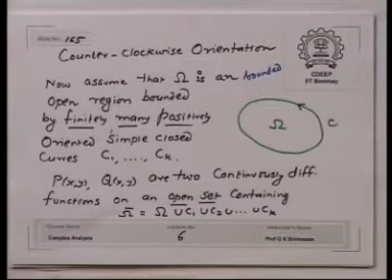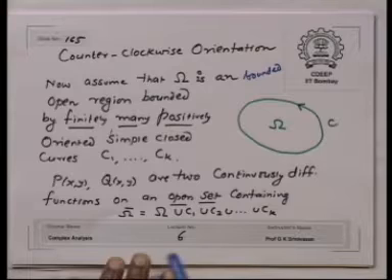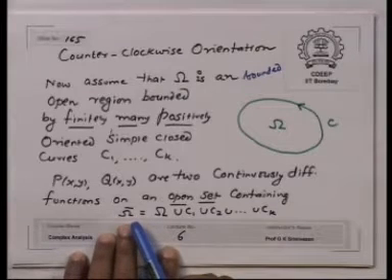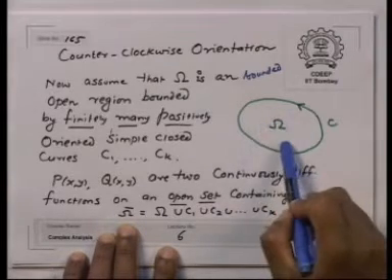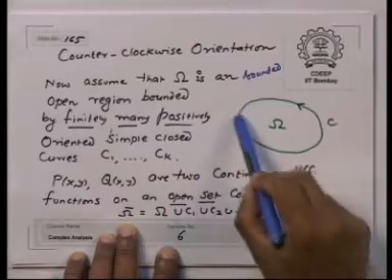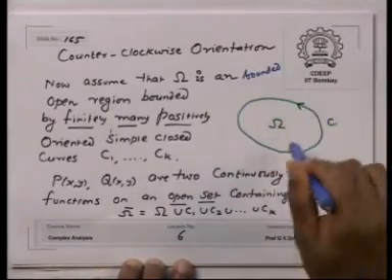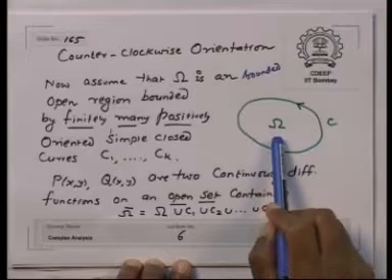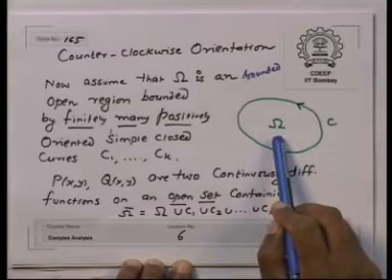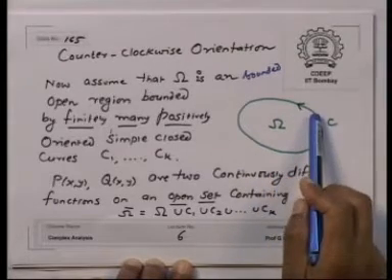All right. Now I'm going to call omega bar this omega together with the boundary. In this picture you have the interior omega, and along with this interior you throw in the boundary also.